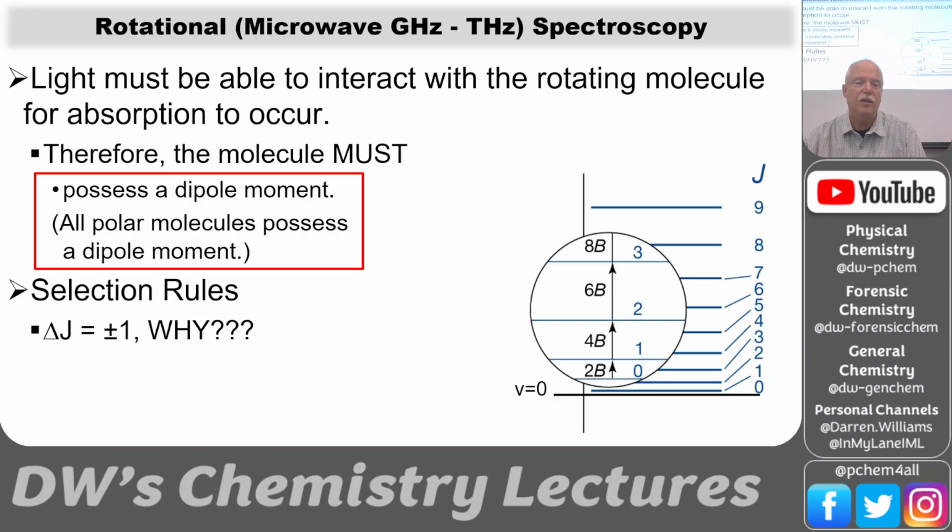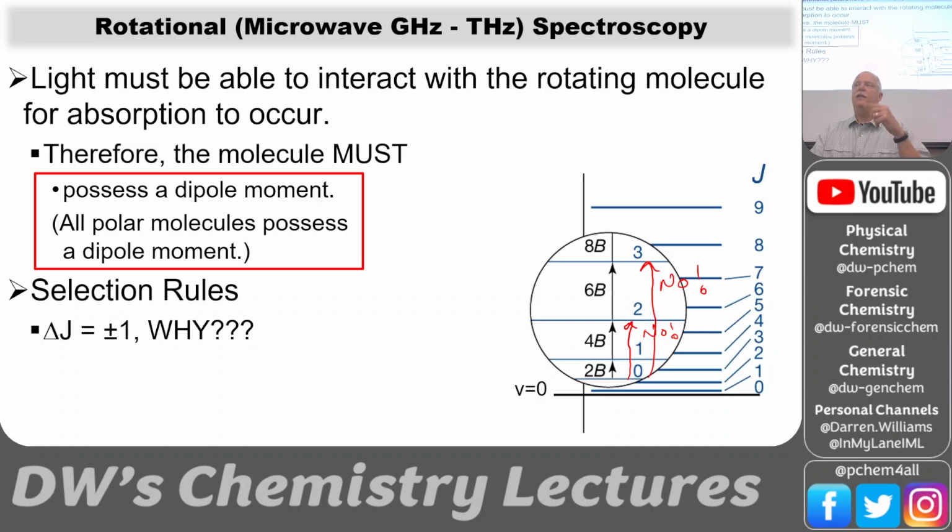We'll talk about which molecules have dipole moments in a minute. Then the selection rules are plus or minus 1, so we don't have any overtones. We don't have a 0 to 2. No. And we don't have a 0 to 3. No. Just plus or minus 1 in J.